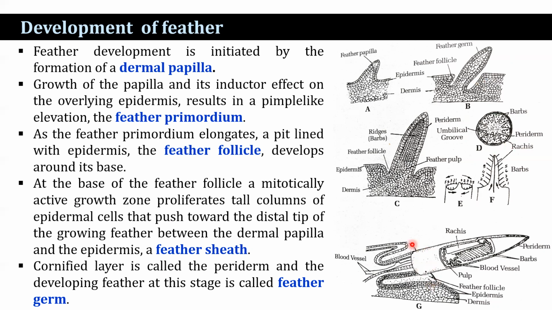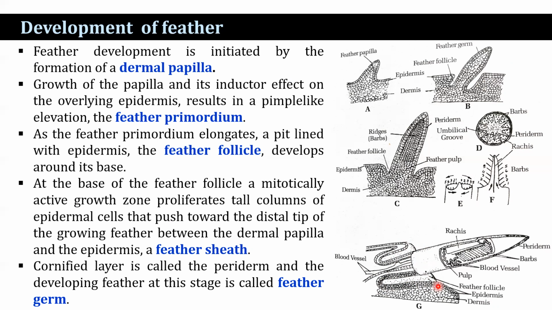You see here, this is a feather follicle. Now, at the base of the feather follicle, a mitotically active growth zone proliferates tall columnar epithelial cells. These are the tall columnar epithelial cells that push towards the distal tip of the growing feather between the dermal papilla and the epidermis. Now, that is known as the feather sheath.